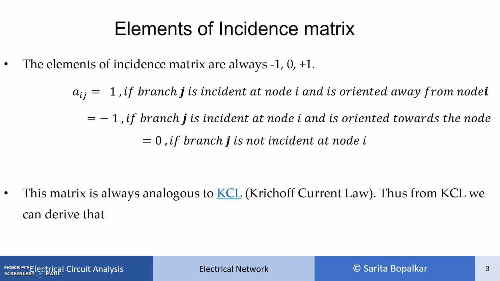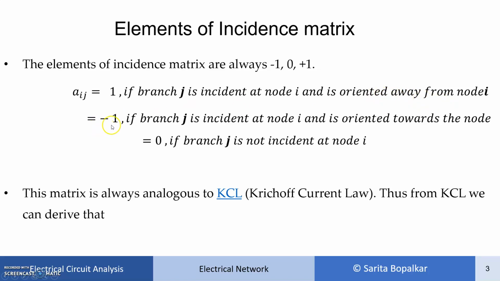What are the elements of this incidence matrix? The elements of this incidence matrix are -1, 0 and +1. Now, when is it +1, -1 and 0? It is 1 if branch J is incident at node I and its orientation is away from node I. This is important.